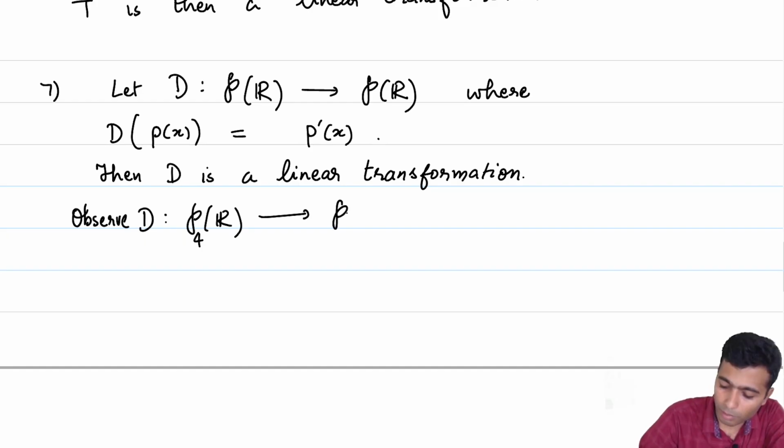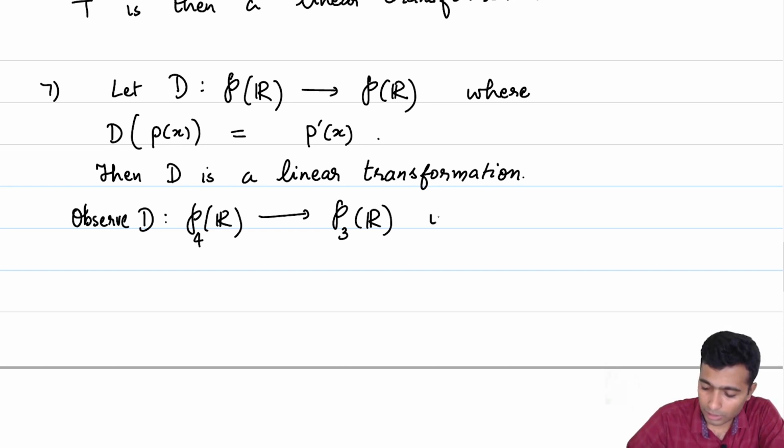So, this derivative map on polynomials is also a linear transformation.